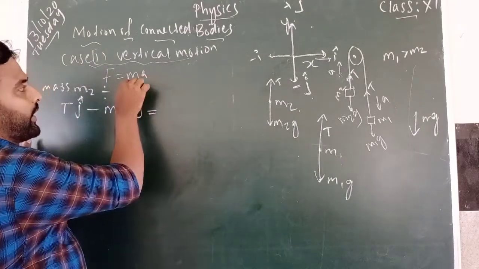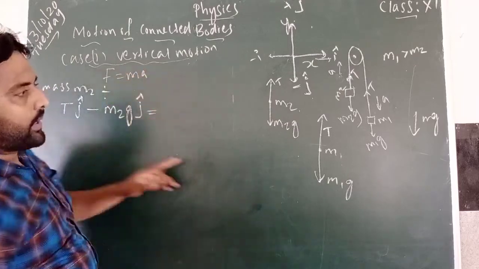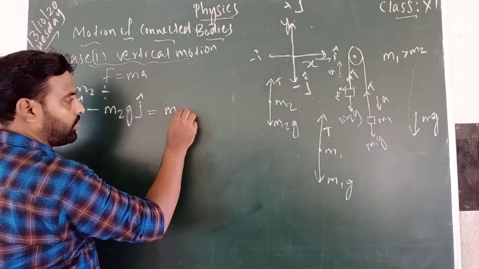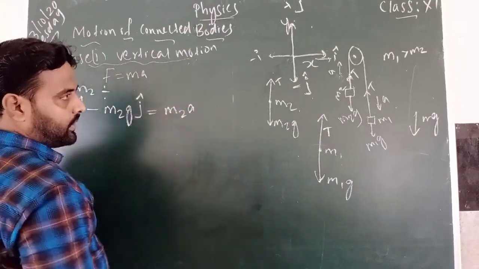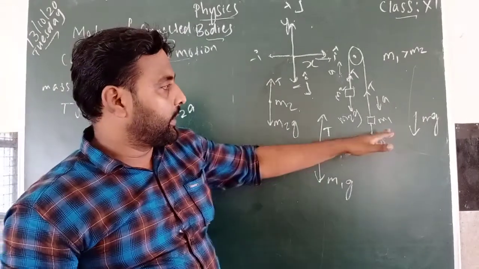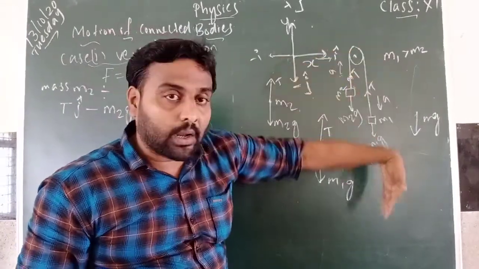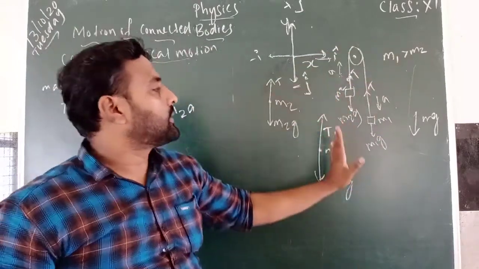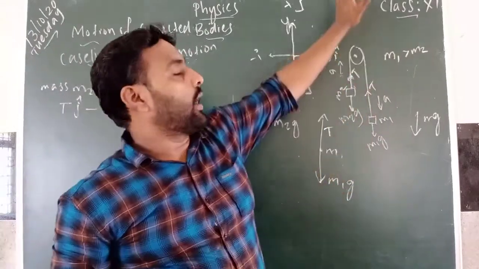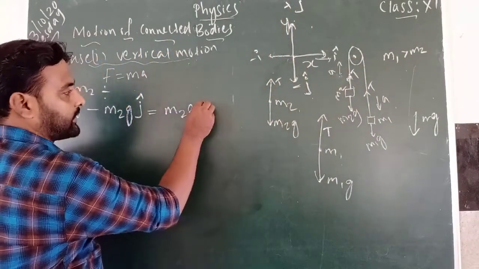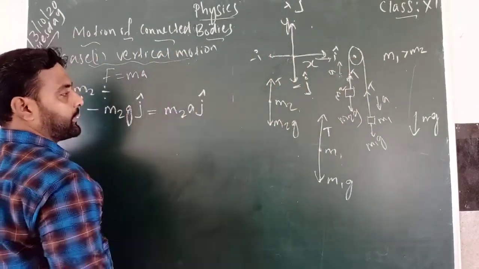This equals m2 a, where m2 is the mass and a is the acceleration. Which direction is the acceleration? You see, m1 is moving downward and m2 is moving upward. Upward means plus j.